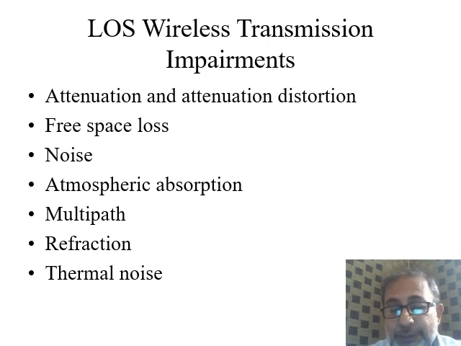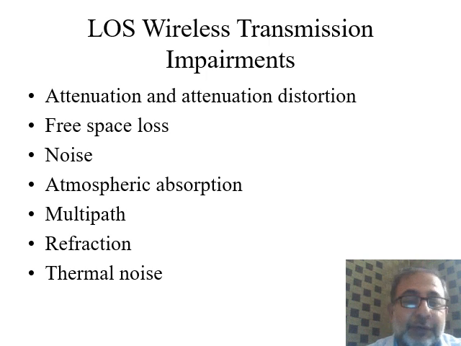Then we've got noise. There are different types of noise that affect our line of sight communication. Then we have got atmospheric absorption. Our atmosphere has a particular characteristic of attenuation or absorption of electromagnetic waves. At certain particular frequencies, we have got peaks of absorption.